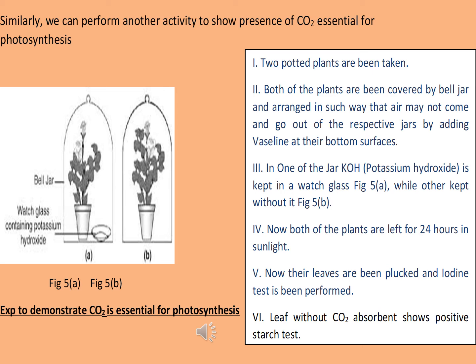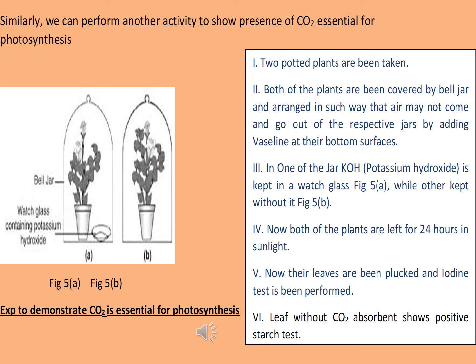So how did it happen? KOH, being a CO2 absorbent, has absorbed the entire carbon dioxide in the atmosphere of potted plant A, locked inside the bell jar. While in potted plant B, as seen in the figure, there is no KOH, so it had carbon dioxide available in its environment.